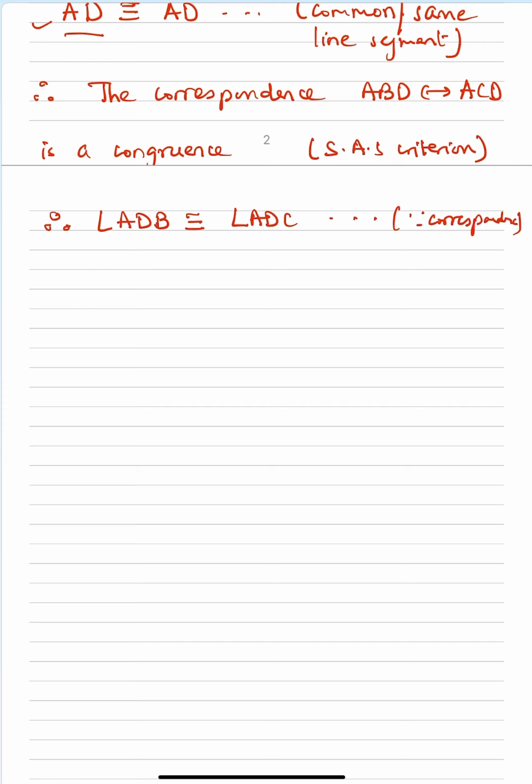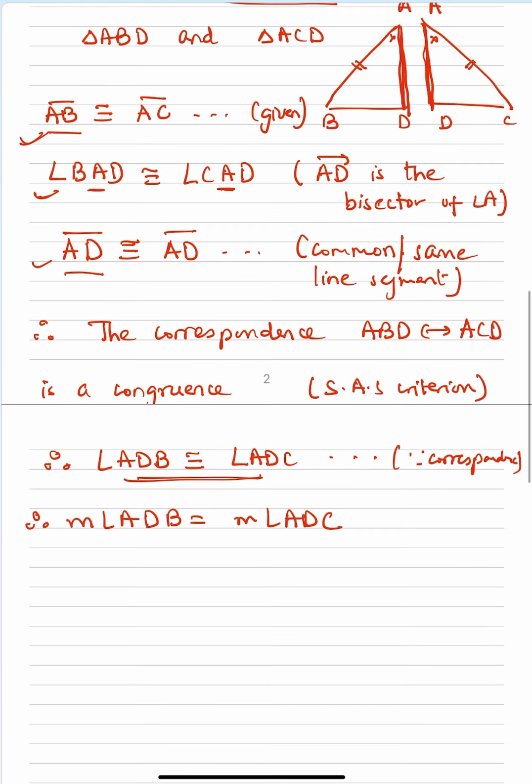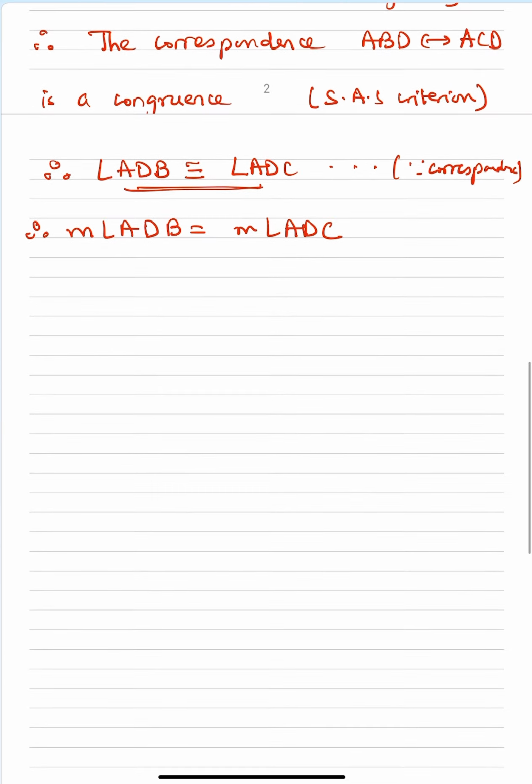Now see, as this is congruent, we can write measure angle ADB is equal to measure angle ADC. See, this angle is equal to this angle. Now one thing we can notice is that it is like this, B, D and C. There is a line like this and it is making an angle.